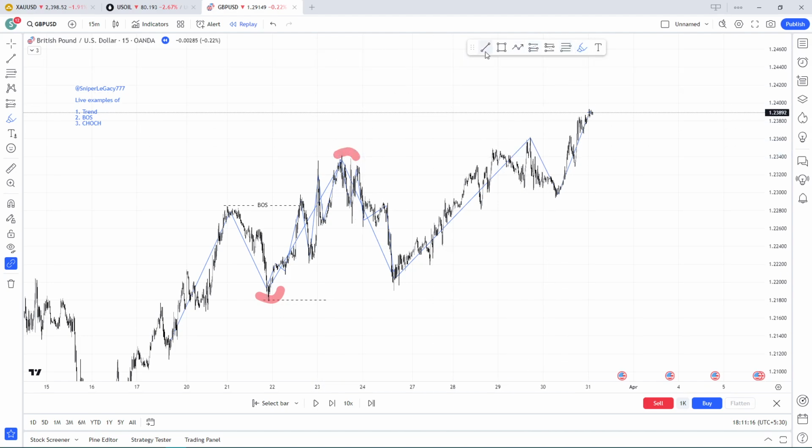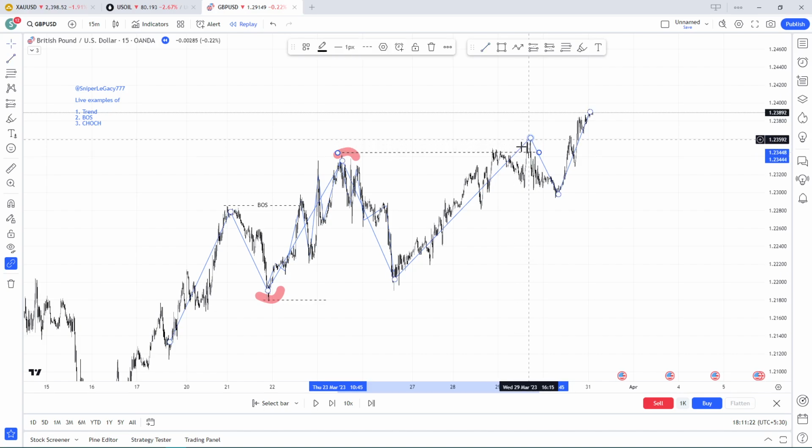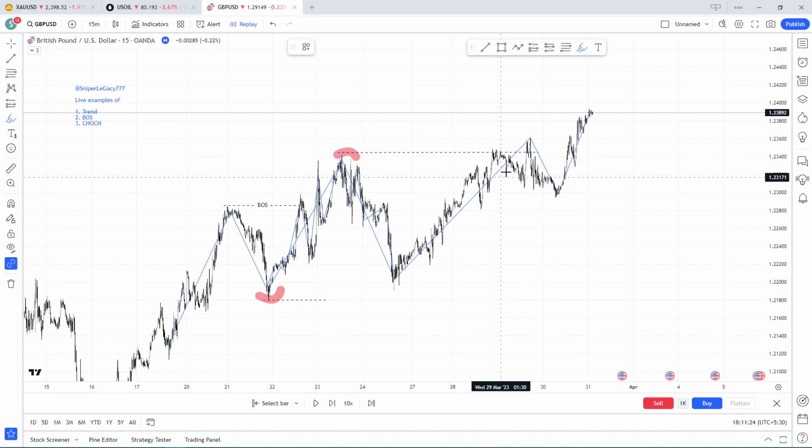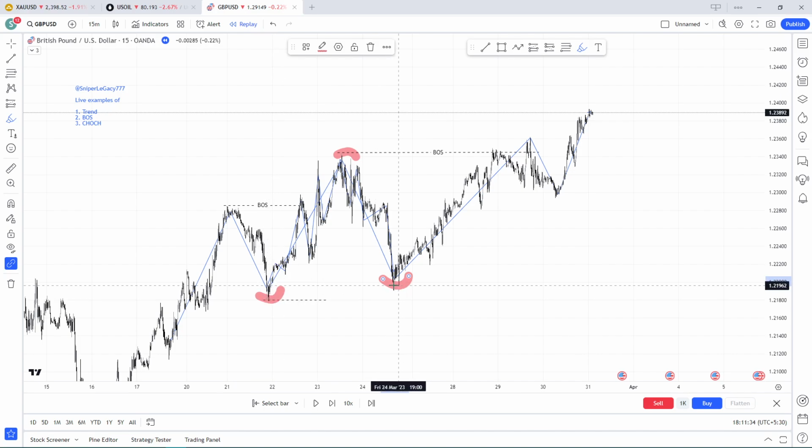Okay, so when this high was broken was when the BOS happened here. So if we are considering this as our BOS, then we have to consider the previous low as our higher low, that is this one. See, the second higher low is greater than the first one.